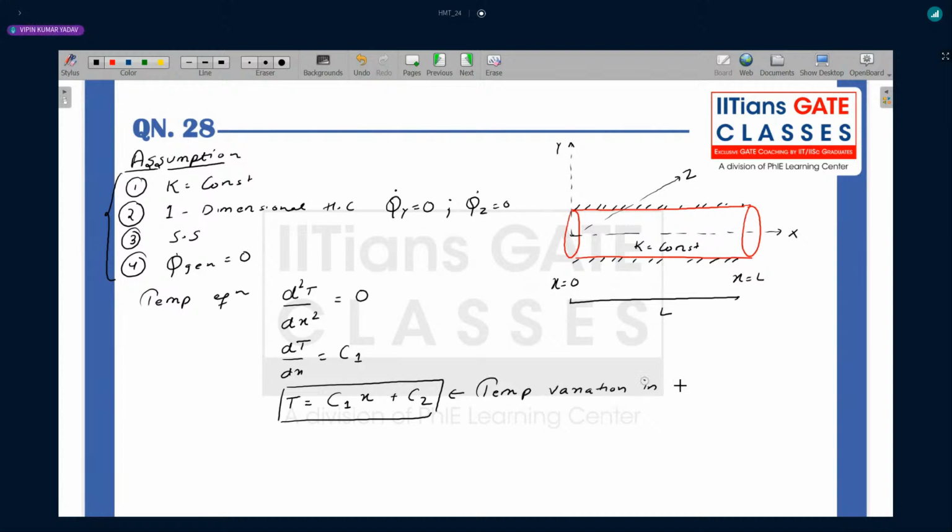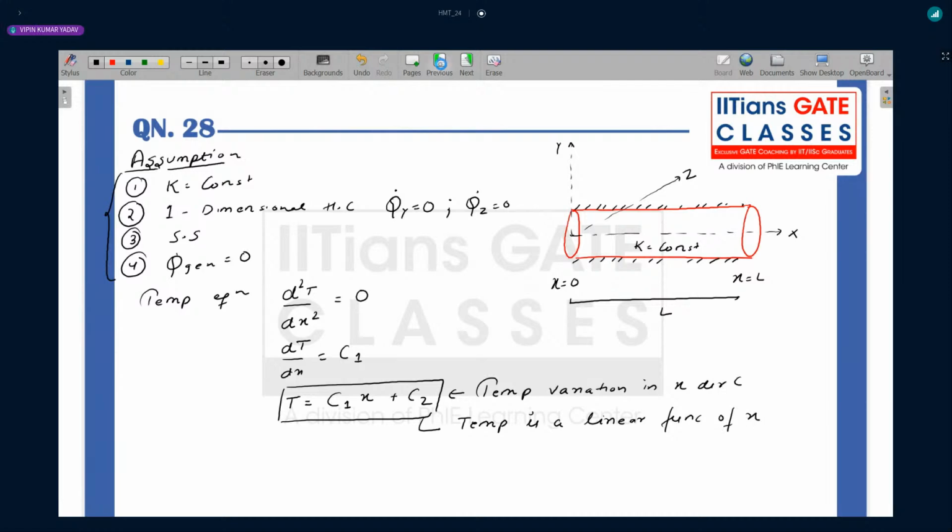And by seeing this equation, I can say that temperature is a linear function of x, so it is varying linearly.